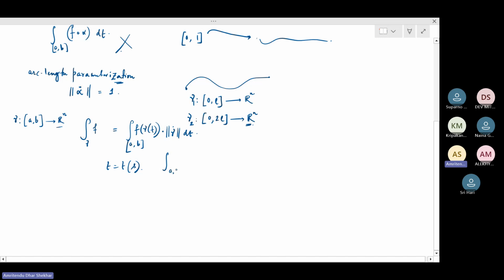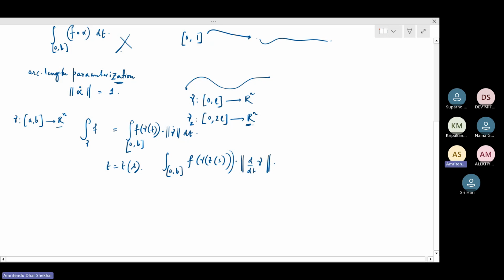So this is the integral over a comma b of f of gamma of t of s times the norm of gamma dot, where gamma dot is basically d upon dt of gamma.